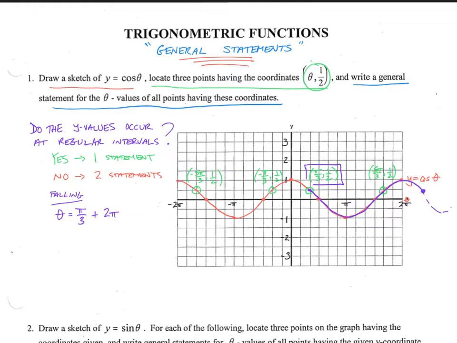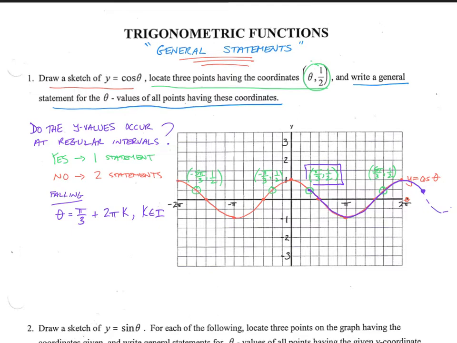And so what I need is multiples of full rotations. And so what we do is we multiply that by k, as long as we define that k has to be an integer. So it's got to be a whole number.